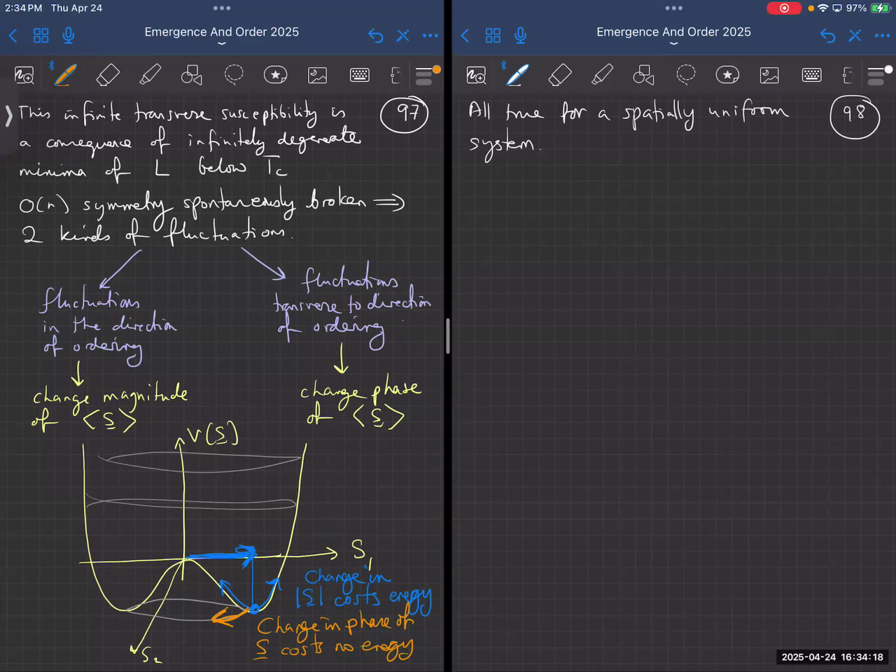It's fluctuating, and if I looked at it over time, I'd see it fluctuating like the surface of the ocean. We have spatial fluctuations in the magnitude and the orientation, and therefore spatial fluctuations in the gradient of the order parameter. So now the question is, what happens when we include spatial variations?